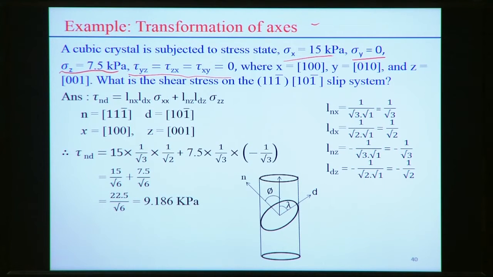Now the x-axis, y-axis and z-axis are also defined: x is 1 0 0, y is 0 1 0 and z is 0 0 1. These axes represent the axes of a cubic crystal.